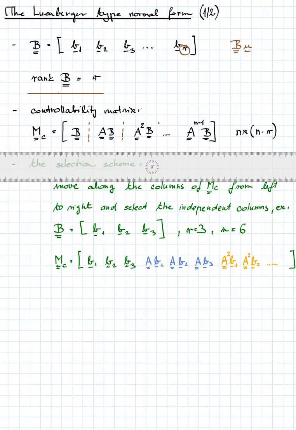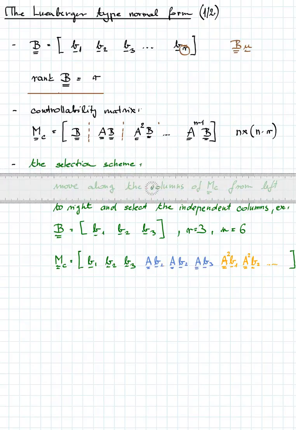So the number of the blocks is N, and every block contains B and AB and A square B, and so on and so on. So the number of the rows in MC is N, and the number of the columns in the controllability matrix is N by R.